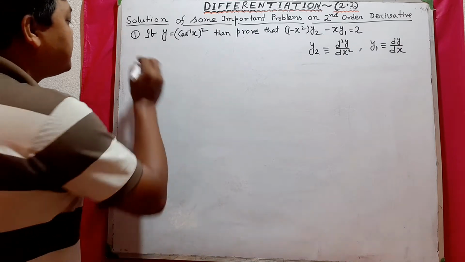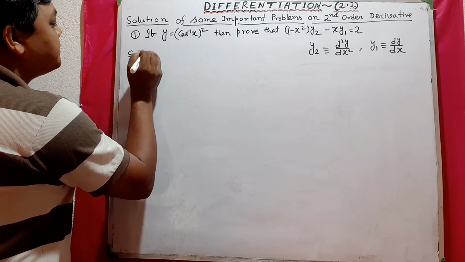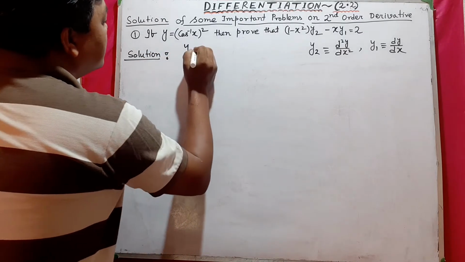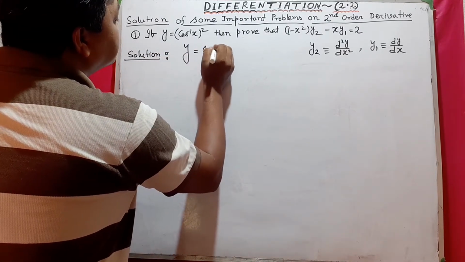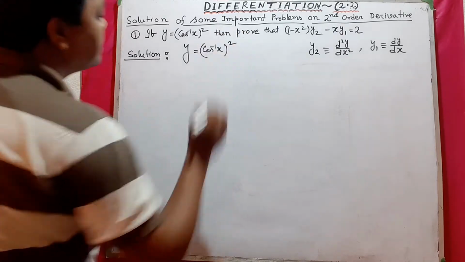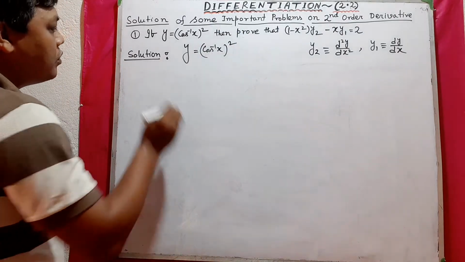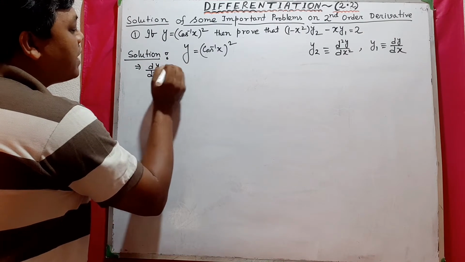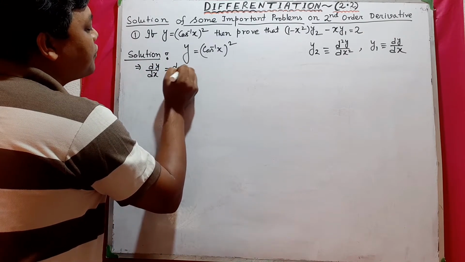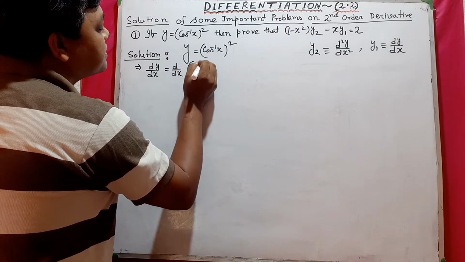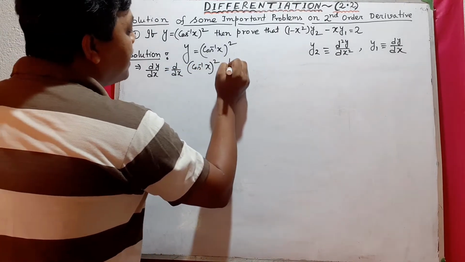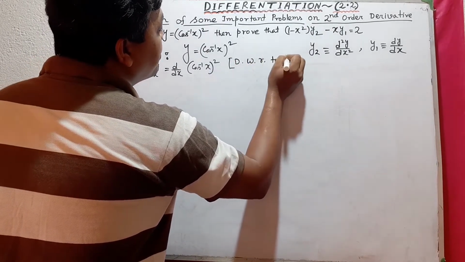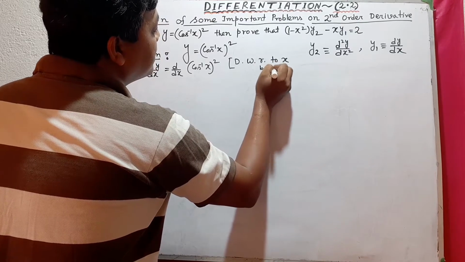Okay, so let us solve this problem. Solution: given that y equals to (cos inverse x) whole square. Clear? Now we differentiate with respect to x both sides. d/dx of y equals to d/dx of (cos inverse x) whole square.